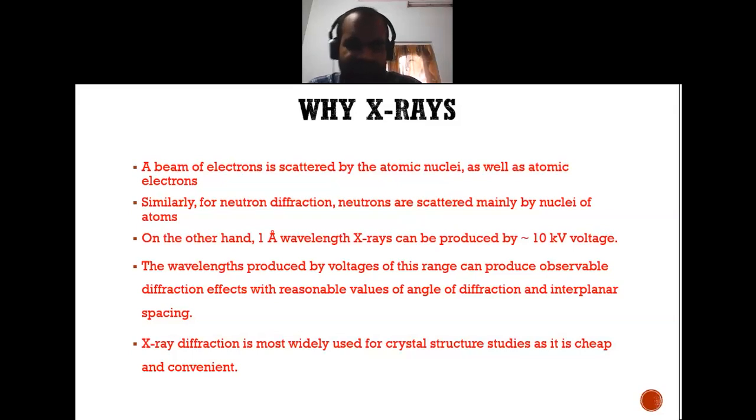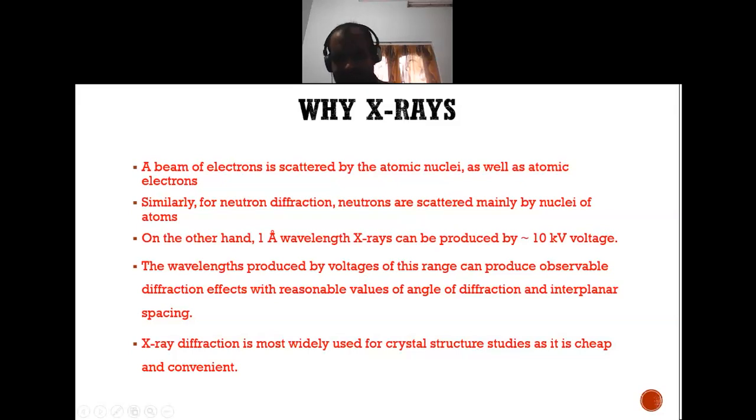So diffraction of these rays happens after the X-rays are incident on various crystallographic planes. The figure I will show you. Another advantage of using X-rays is that X-ray diffraction is a very widely used method, and it is cheap and convenient.